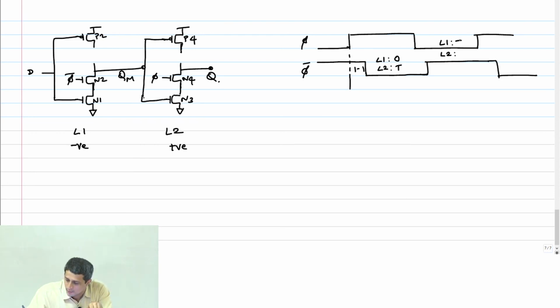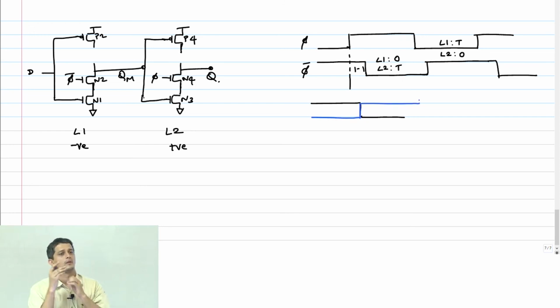And this will be in transparent, this will be in opaque. So now, again tell me, should I analyze the case where D goes from 1 to 0 after the overlap, after the clock falls, or the other way? Which condition should I analyze?